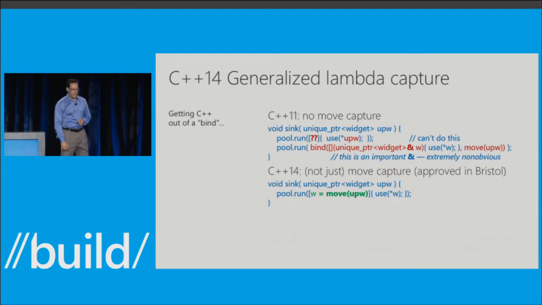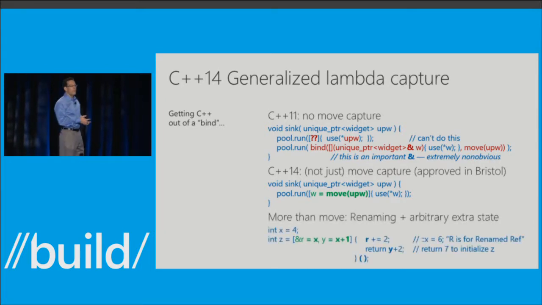In fact, you can declare arbitrary numbers of new local data members inside your lambda objects to capture state by value, initialize them with something, and use those stateful lambdas over and over again. You can rename references to outside variables that are in the local scope that you capture references to. All of that was just approved in C++14.